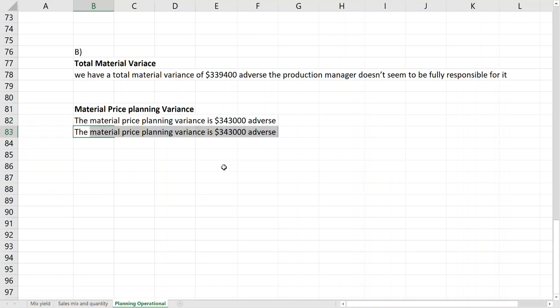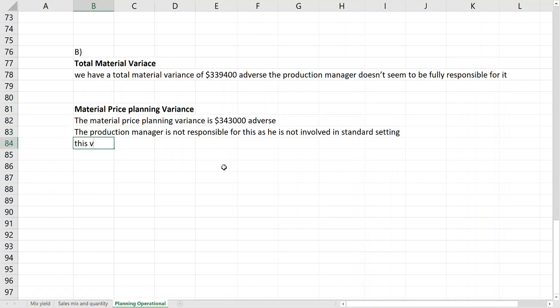Okay, the production manager is not responsible for this, as he is not involved in standard setting.